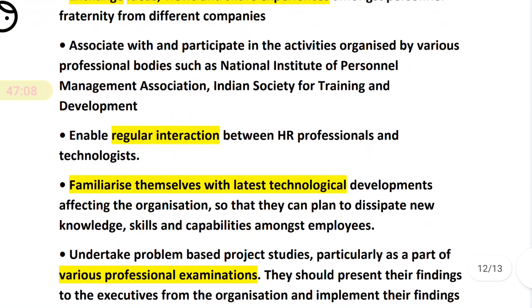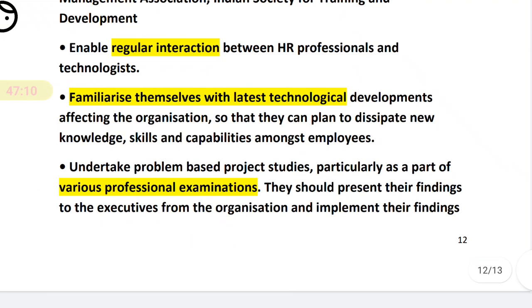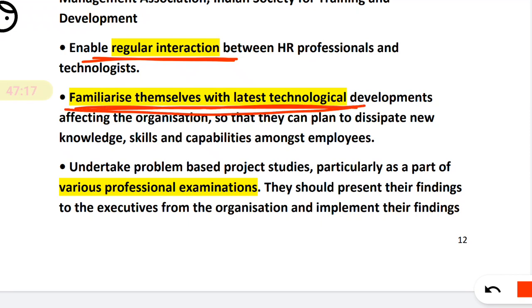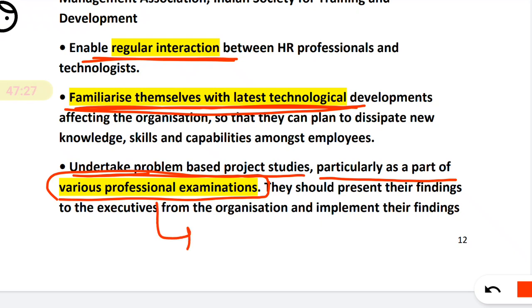Next, HR should enable regular interaction with the employees, familiarize themselves with the latest technology, and undertake problem-based project study, particularly as a part of various professional examinations. We all know that in banking, the IIBF provides various professional examinations to bankers.